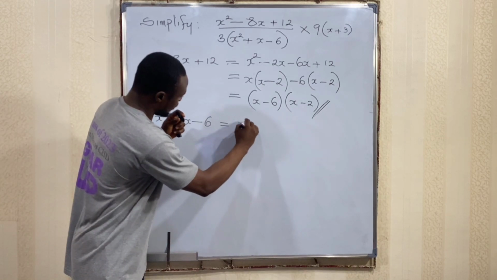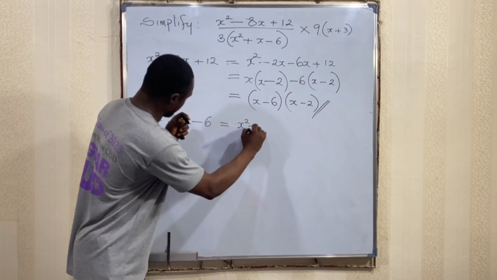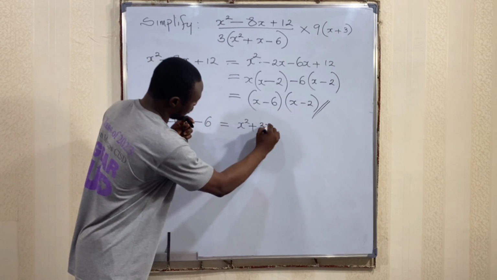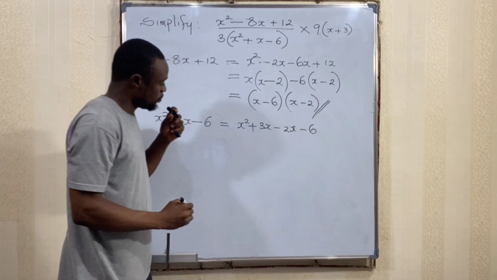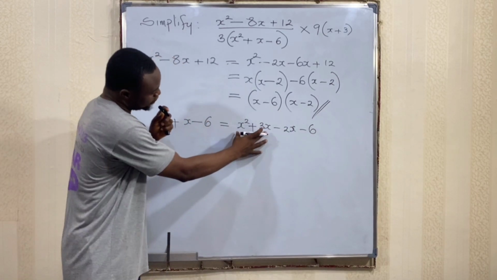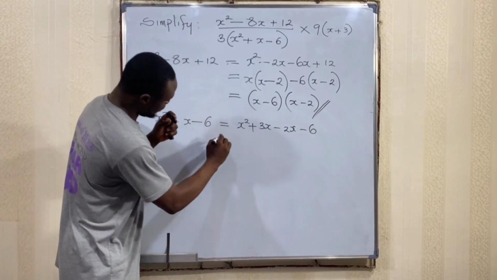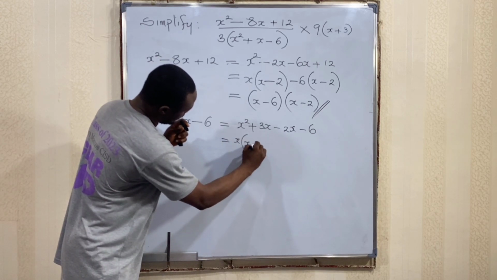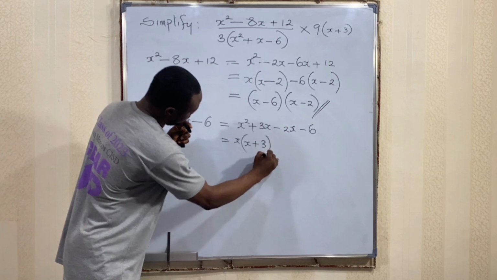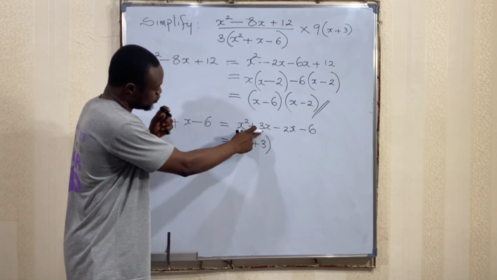So we have x squared plus 3x minus 2x minus 6. Beautiful. So if you look at this, what's the term that is common? We still have x here common. Put the x that is supposed to be outside, and we have 3 here. So if you pull out this x, you're left with 3.